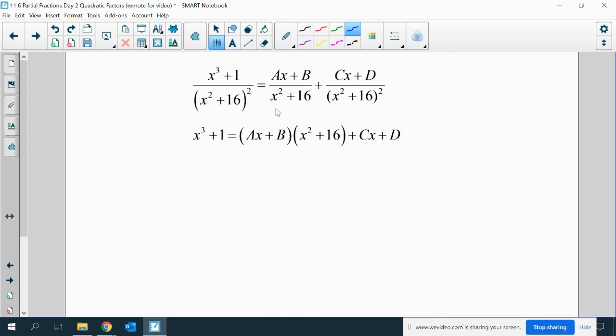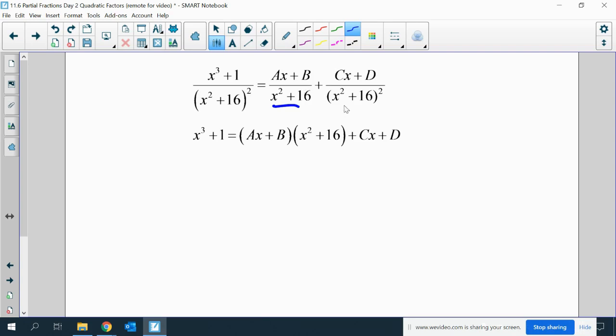So in this problem, notice that x squared plus 16 squared can be repeated as x squared plus 16 and x squared plus 16 squared. And so what I would do is I would then distribute things. Notice that this one is missing an x squared plus 16.